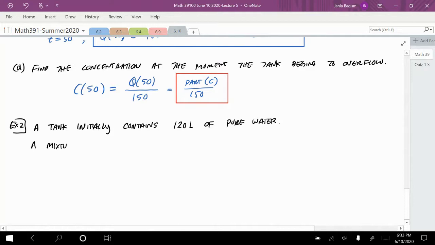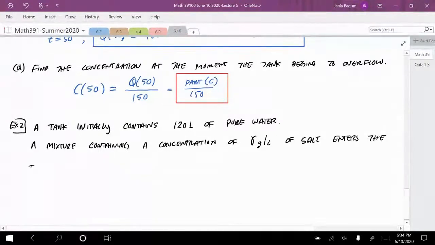So a mixture containing a concentration of gamma gallon per liter of salt enters the tank at a rate of 2 liters per minute.